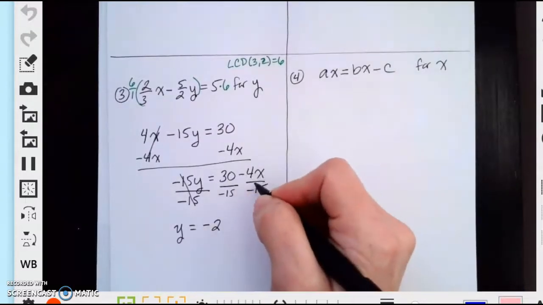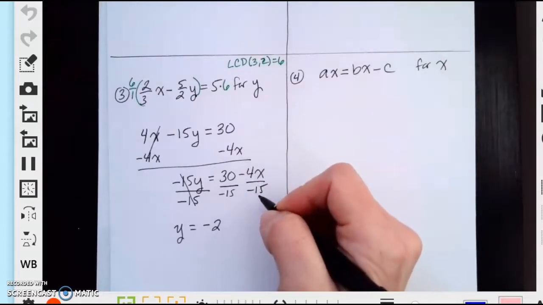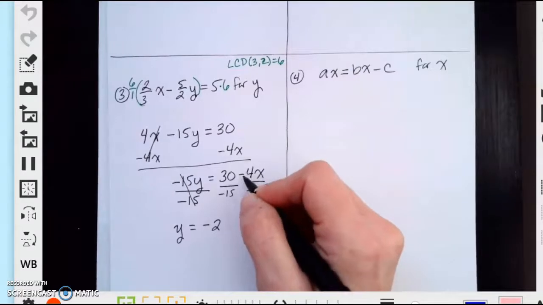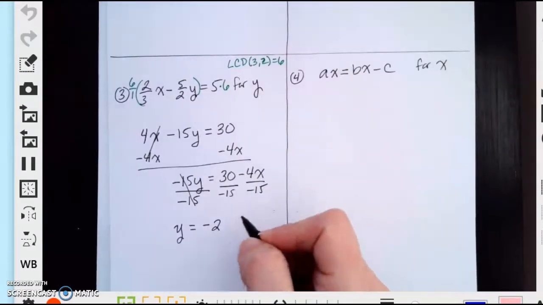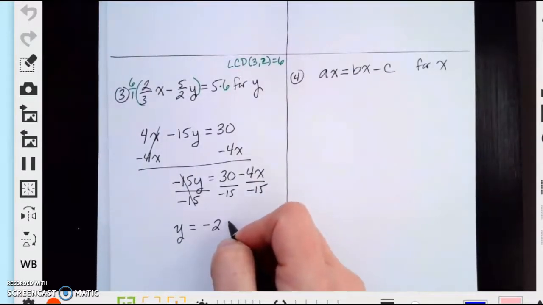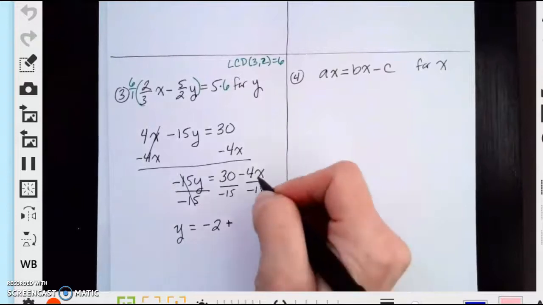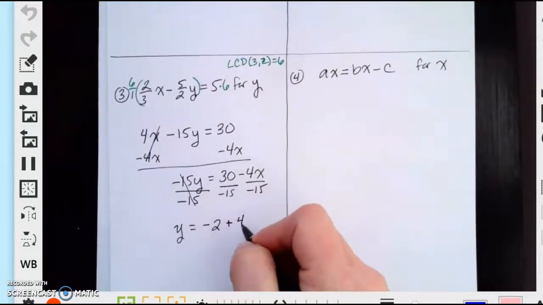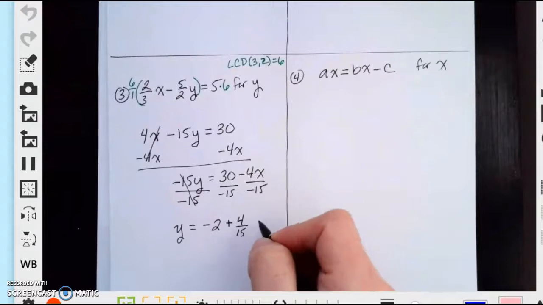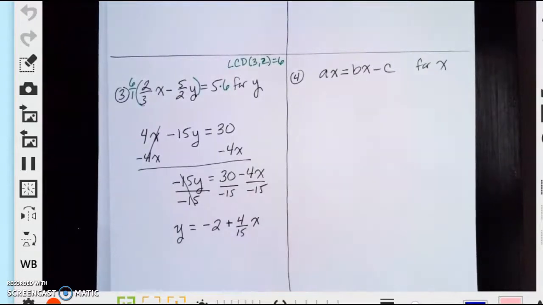Negative 4x divided by negative 15, well, 4 and 15 don't have any common factors, but I can simplify because I have two negatives. Two negatives when we're dividing becomes a positive, and I could just write that 4 over 15 as a fractional coefficient, and then x.